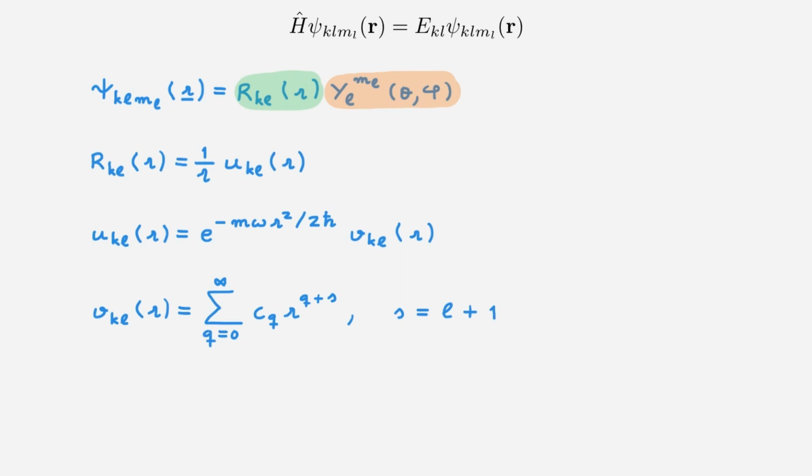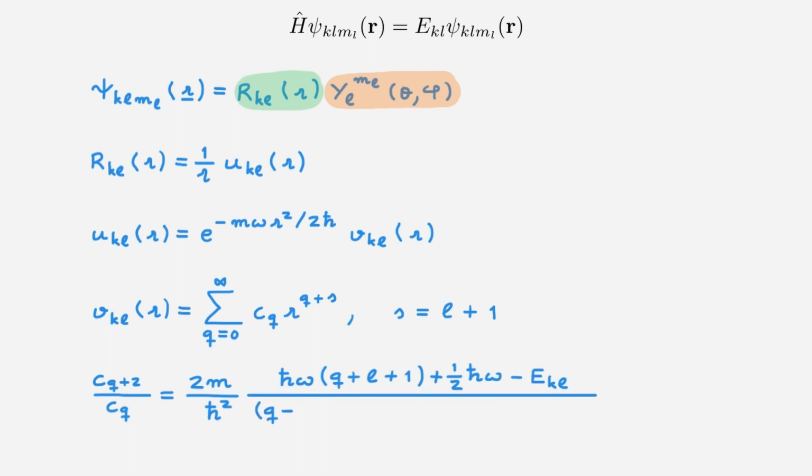Finally, the expansion coefficients c obey a recurrence relation between c_{q+2} and c_q equal to this prefactor times this long numerator divided by this long denominator. We also have that the first non-zero expansion coefficient is c_0, while c_1 vanishes.